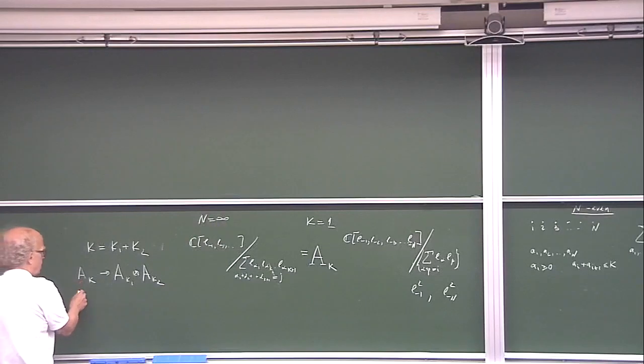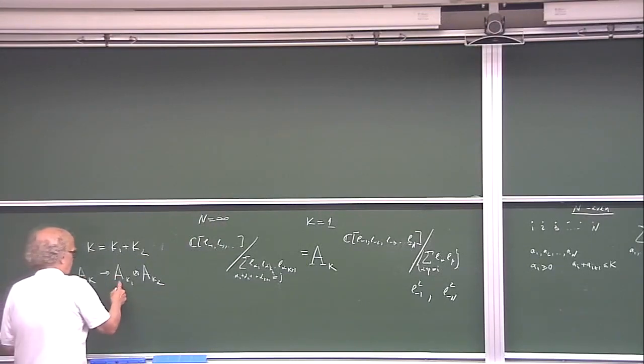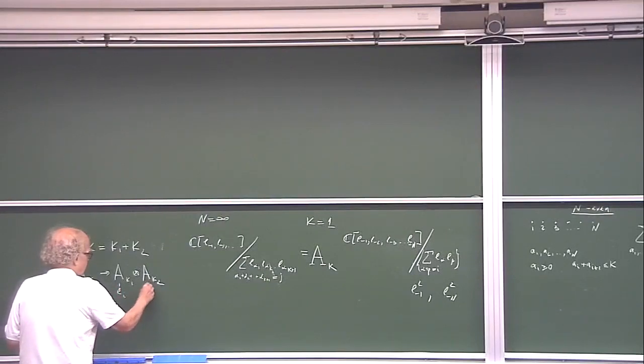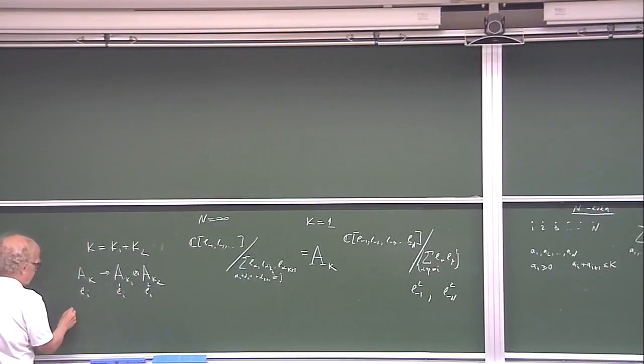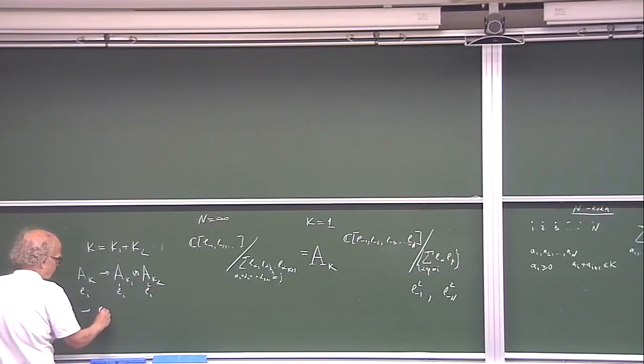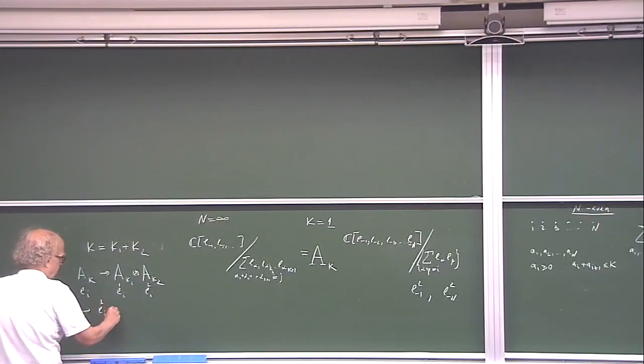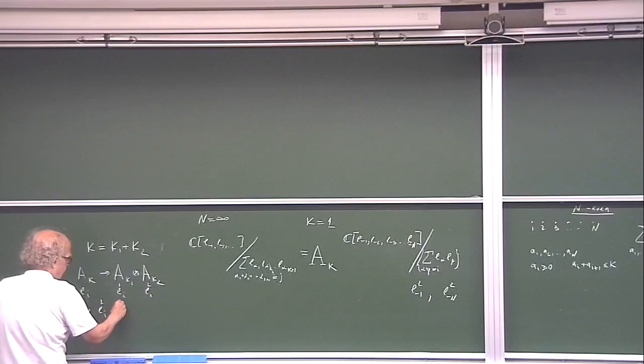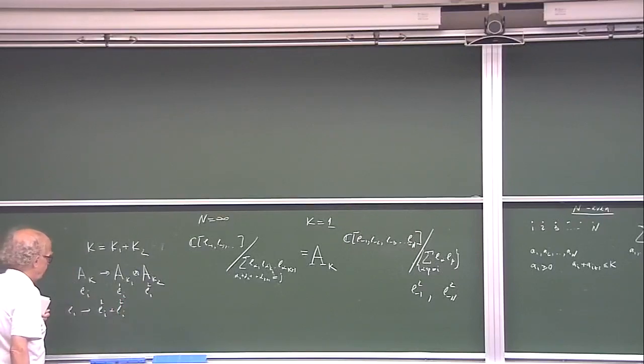So here we have generators e_i, and here we have generators e_i first and e_i second. It is from here and from here. And we can say send this e_i just naively, and it is working, to e_i1 plus e_i2.